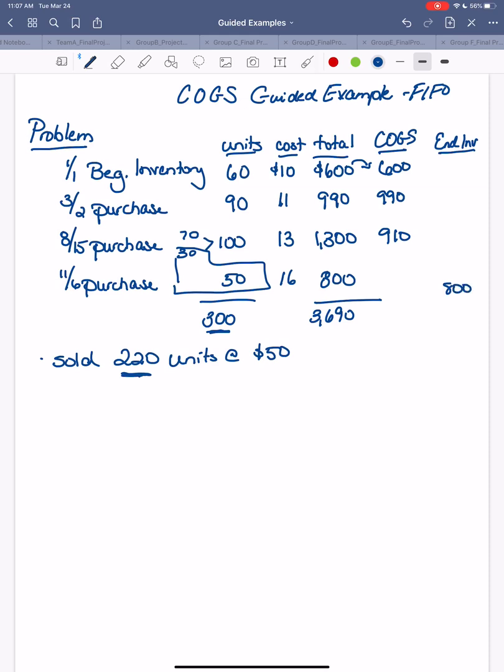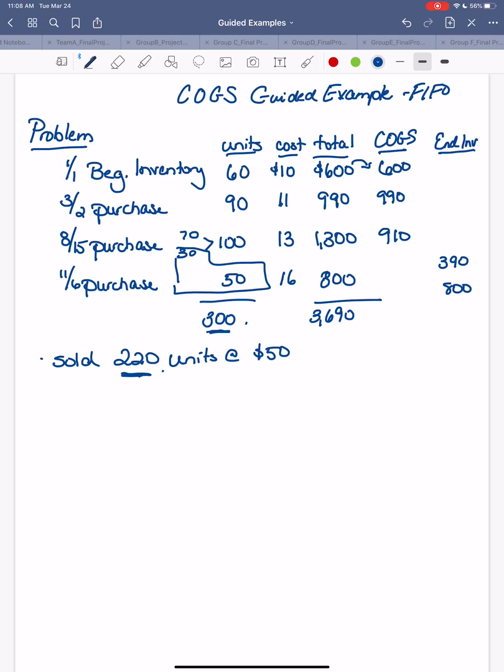Because if we had 300 available for sale, we sold 220, that means we have 80 units left. So we have 50 at $16. That's why I've moved the 800 over to ending inventory. And then this purchase on August 15th, we moved 70 over to cost of goods sold, but 30 we left in ending inventory. So 30 times that $13 is $390.